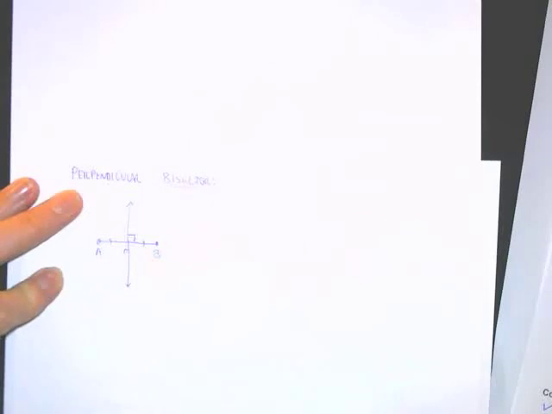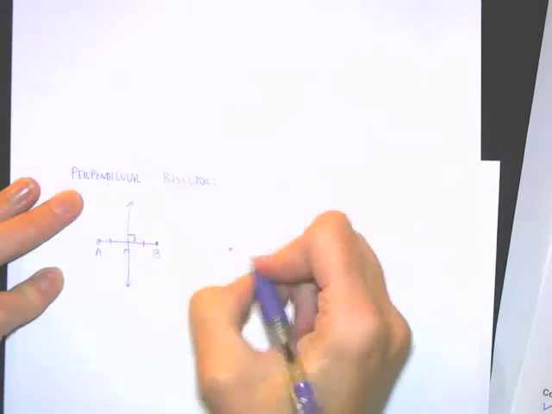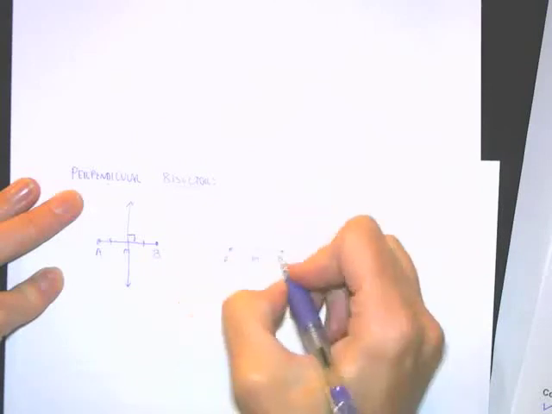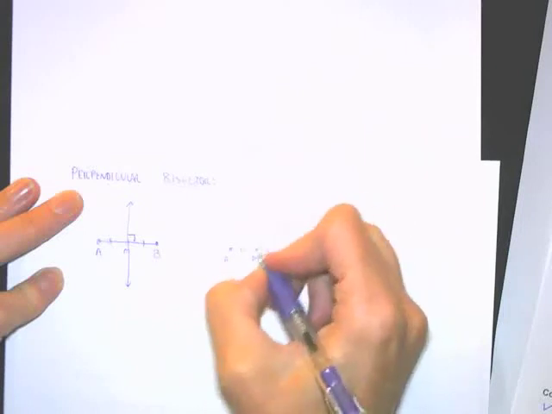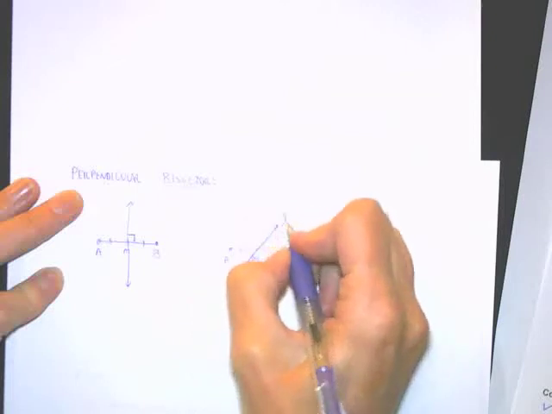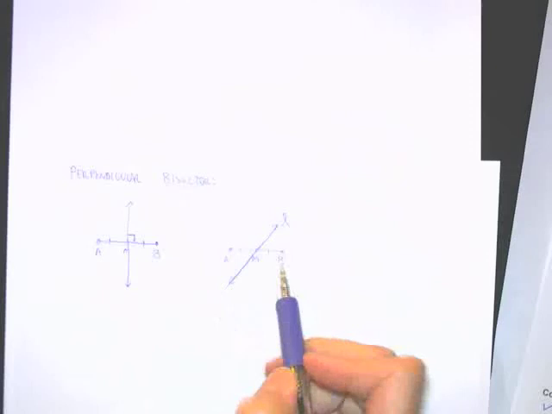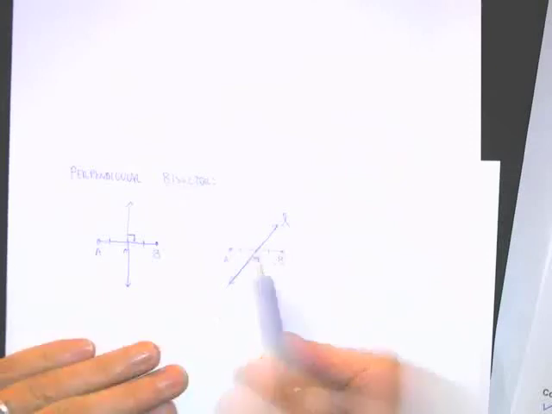Just to clarify some things that are not perpendicular bisectors, we can have a line that passes through the midpoint that is not perpendicular. In this case, this line that I've drawn, I'm going to call it line L. Line L is a bisector of segment AB, but it is not a perpendicular bisector because it doesn't form a right angle.